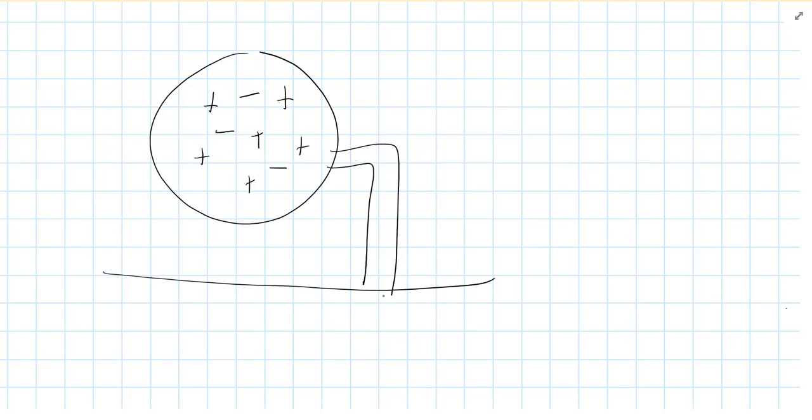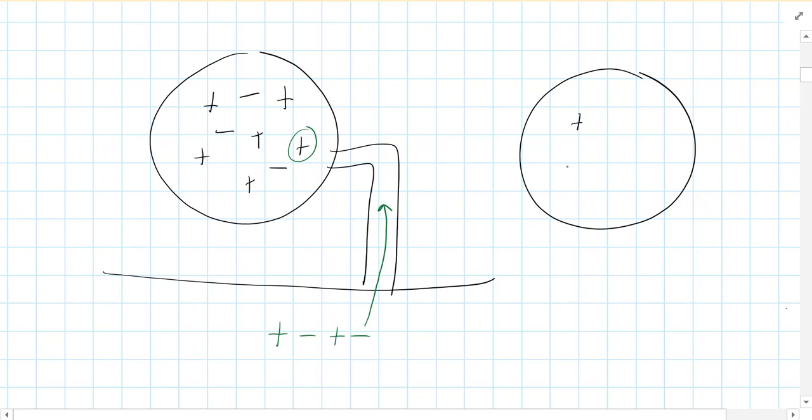And now if I ground this thing, what's going to happen? Well, remember, the ground is an infinite number of plus and minus charges. Some of these minuses are going to be attracted to the extra protons that are in here. Notice that I will draw the positives in about the same place they were before. Here are my 3 original negatives.